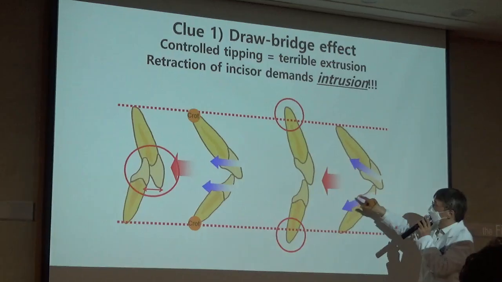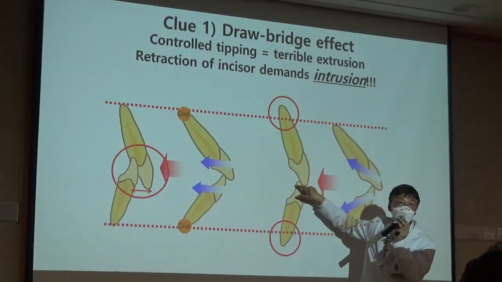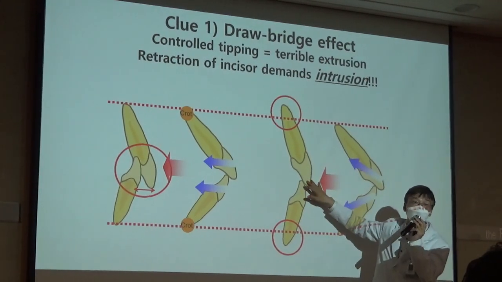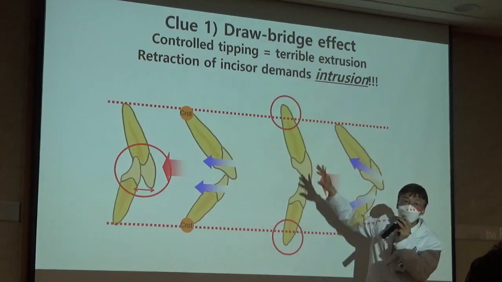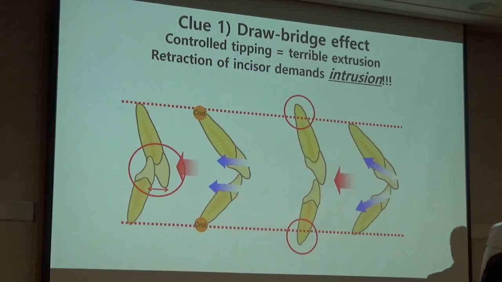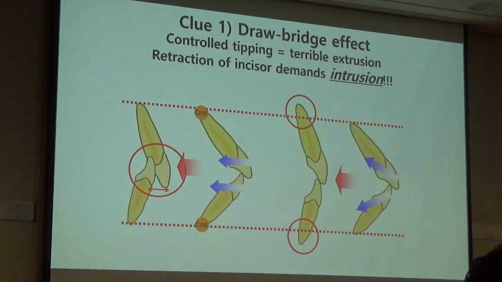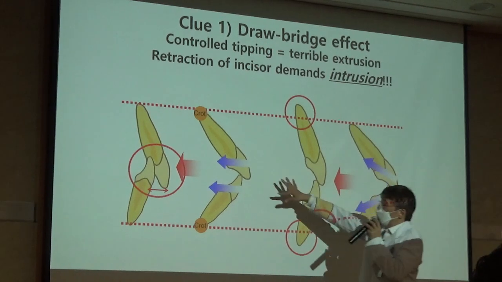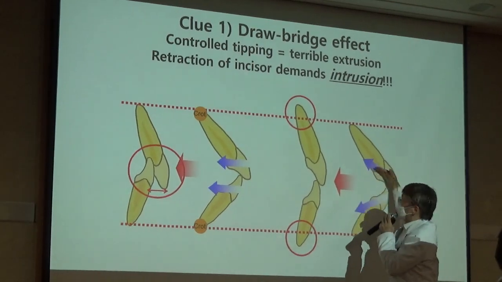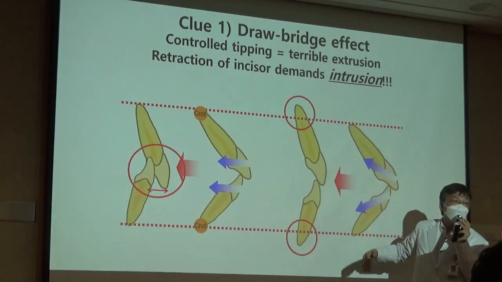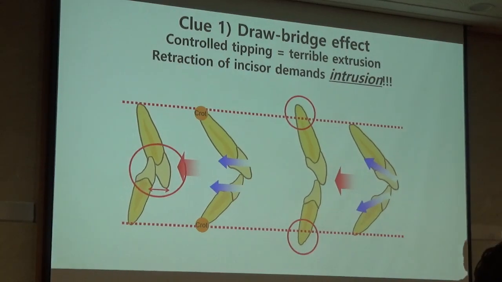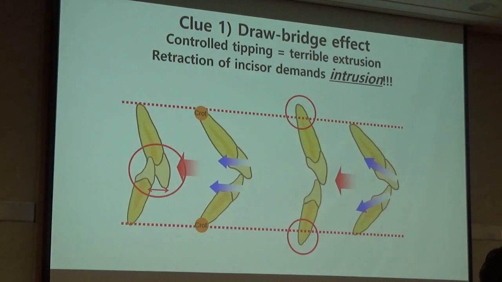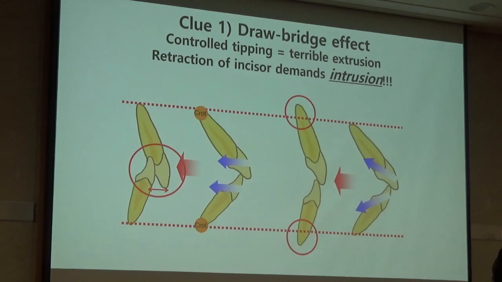Normal overbite and overjet before and after. But you understand there has been a tremendous amount of intrusive displacement of the upper and lower incisor. So instead of this, it should have been incorporation of an intrusive force factor. Is that correct? Once again, have you ever experienced something like this in any of the extraction cases?